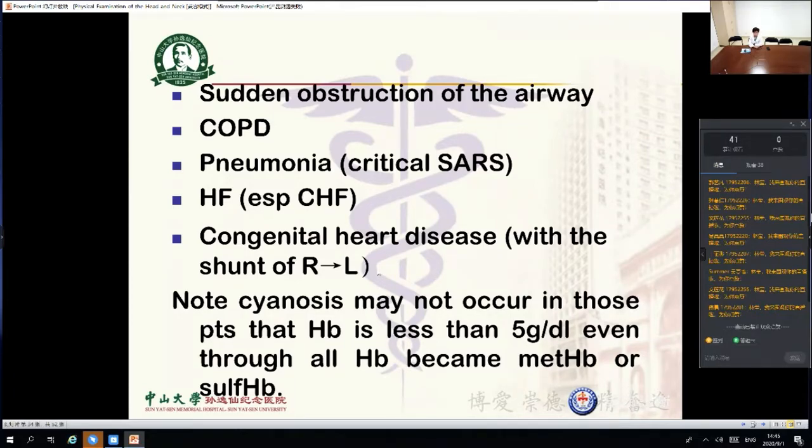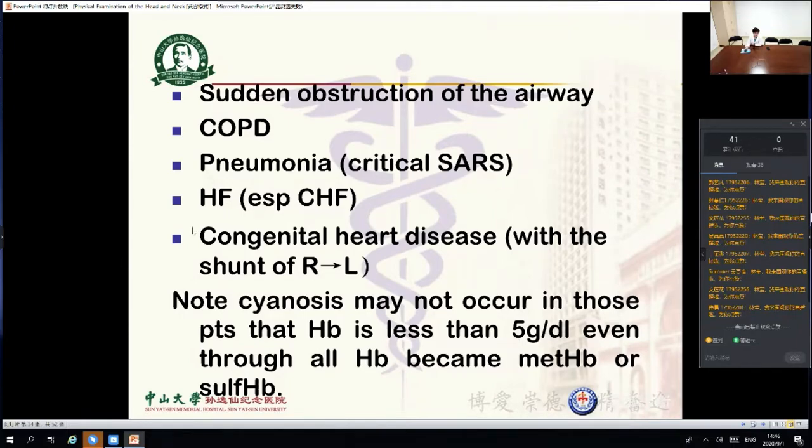Note that cyanosis may not occur in those patients whose hemoglobin is less than 5. If this kind of patient is suffering anemia, even though all the hemoglobin became reduced hemoglobin, 还原型的血红蛋白, it will not show, because of the low concentration of hemoglobin.